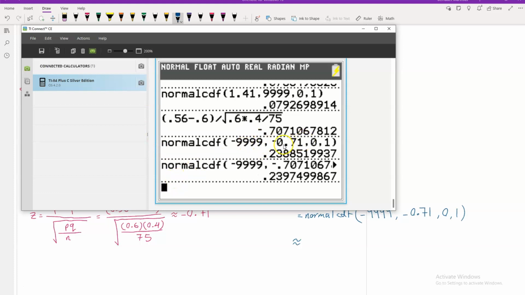And here is my answer based on z that was rounded to 2 decimal places. Rounding p to 4 decimal places, the answer is 0.2389. But right after that, when I enter z without rounding, this is the answer: 0.2397 if we round to 4 decimal places. So a slightly different answer.